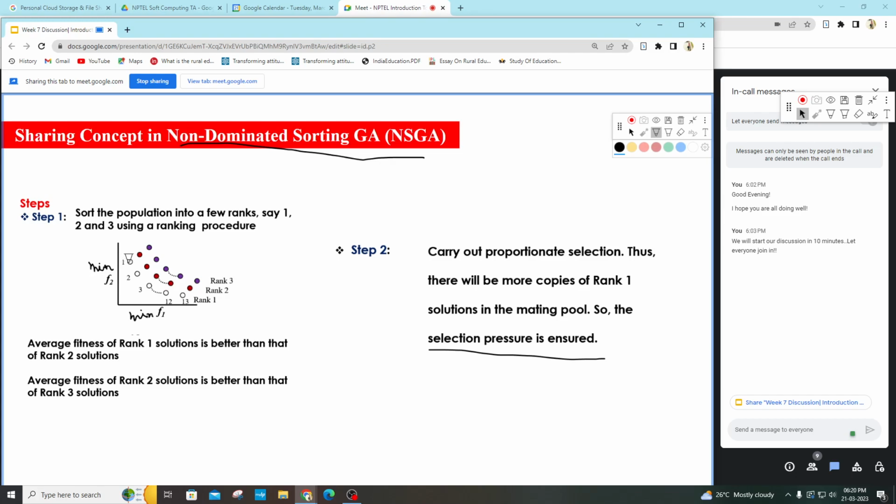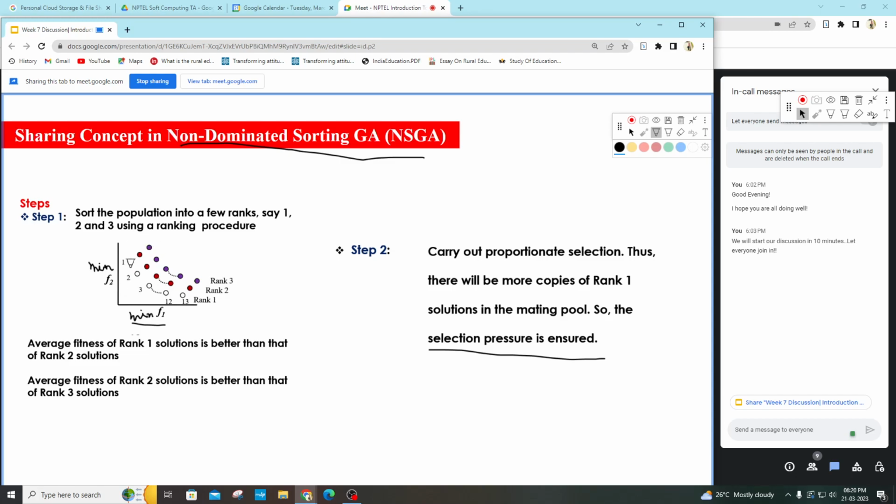Like these white points make one front, these red points make another front, and these violet points make another front. Non-dominating each other means, you see here we have to minimize both functions. We have to minimize f1, we have to minimize f2.